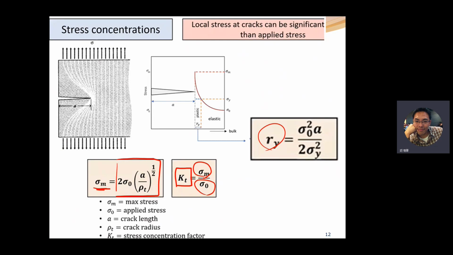Therefore, when we have a crack or flaws inside a component or on its surface, we want to reduce the stress concentration factor Kt. From the design point of view, we also want to reduce the Kt.